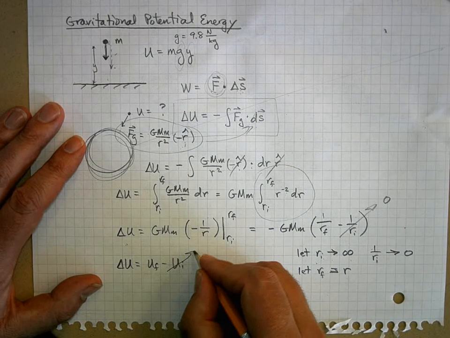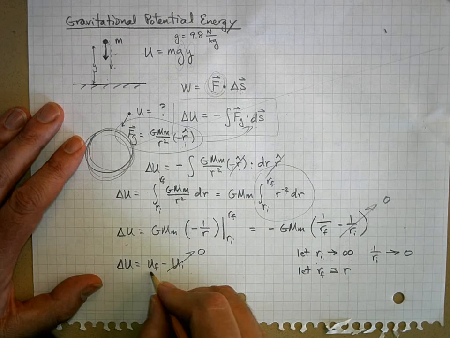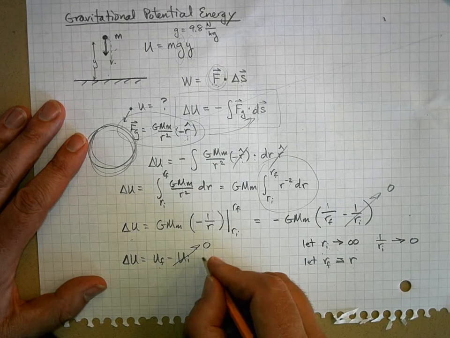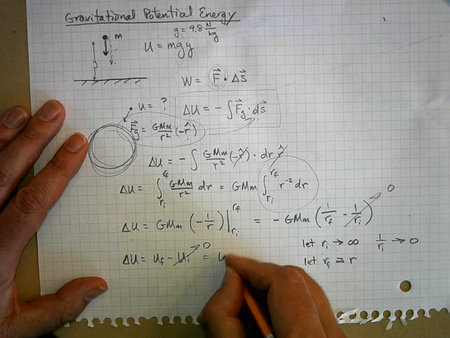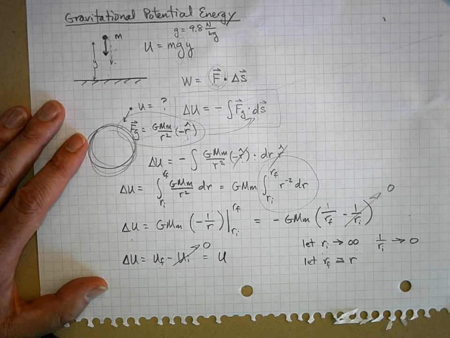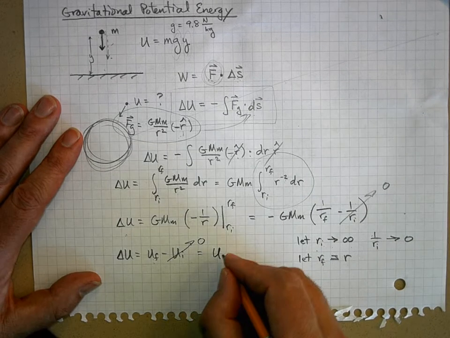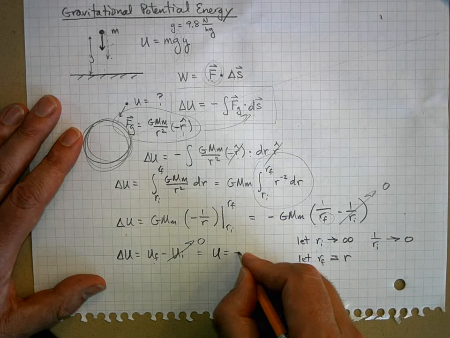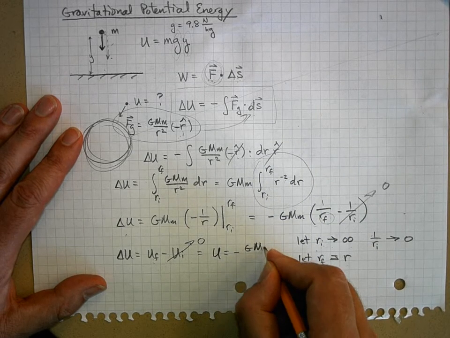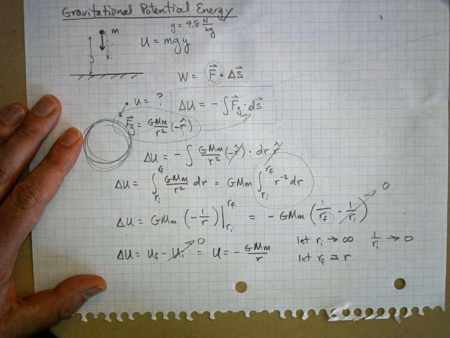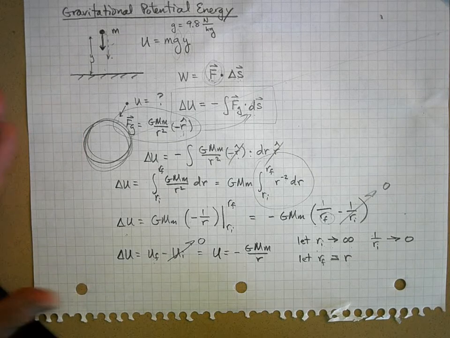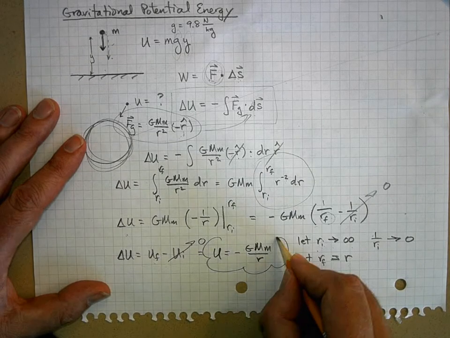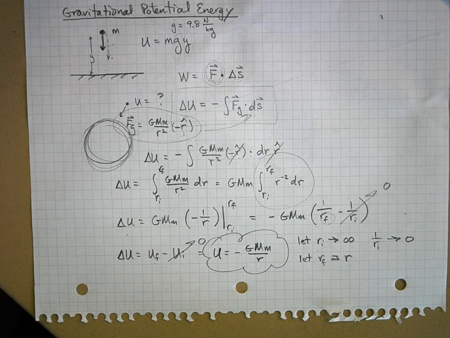This goes to 0, and this U final we're just going to call U. Our potential energy is equal to negative GMm over r. And this is my equation for gravitational potential energy.